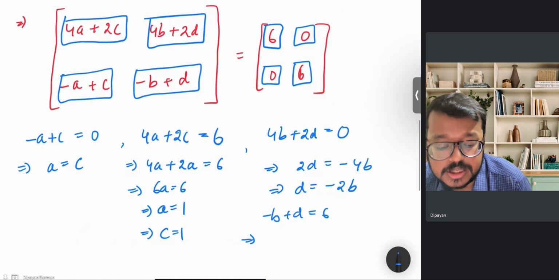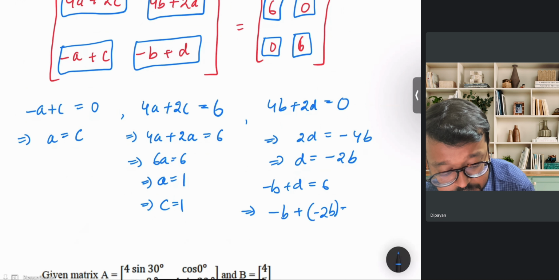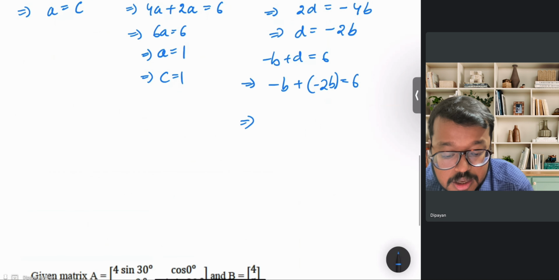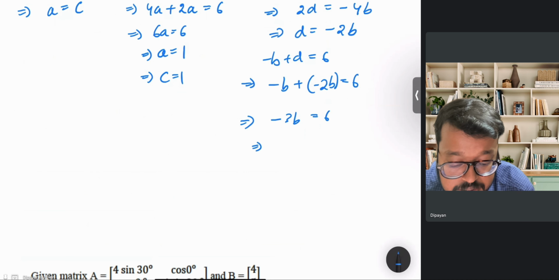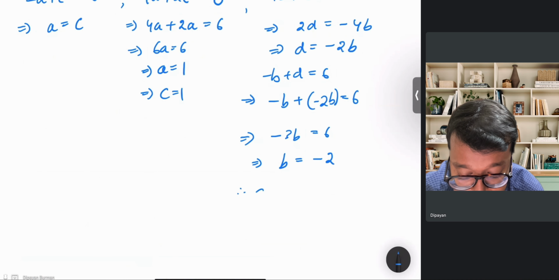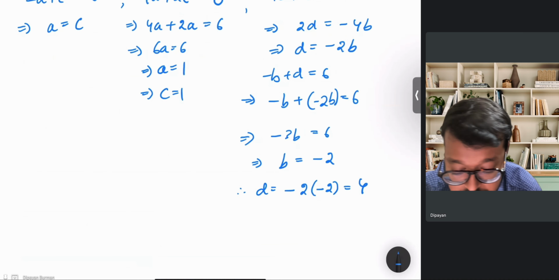Substitute the value of D: minus B plus minus 2B equals 6. So minus 3B equals 6. That means B is equal to minus 2. And therefore D will be equal to minus 2 into minus 2, that is 4.